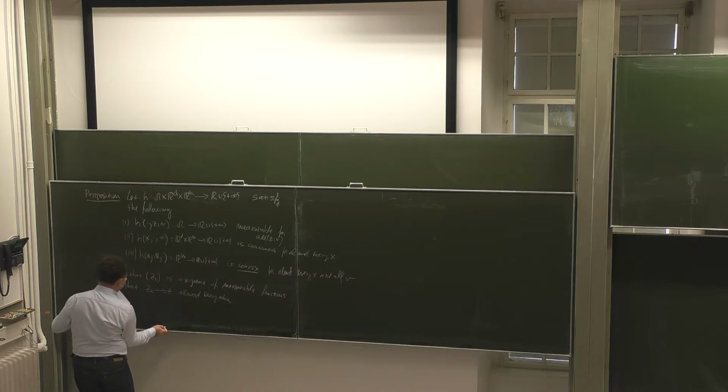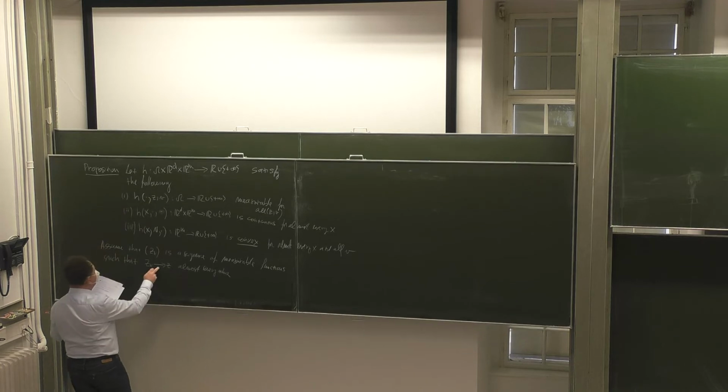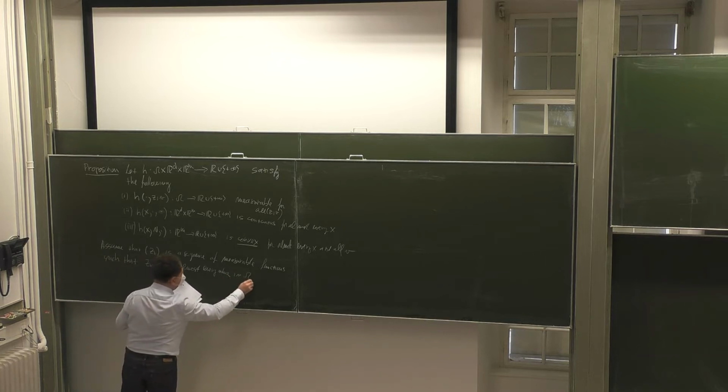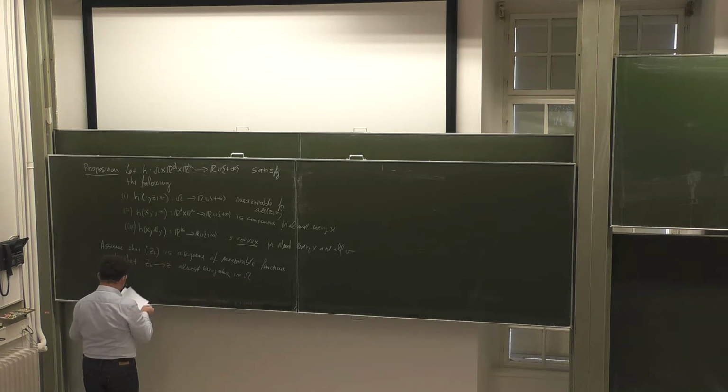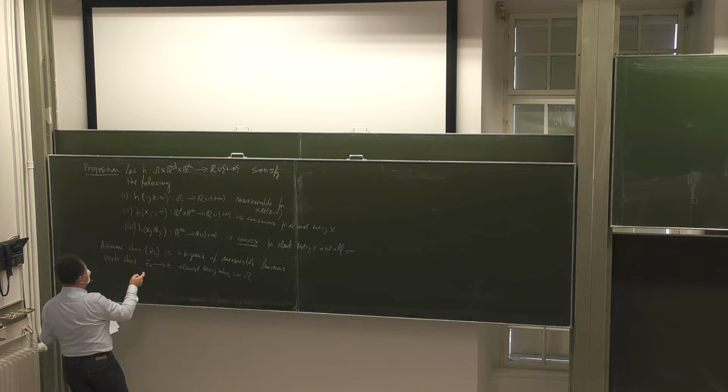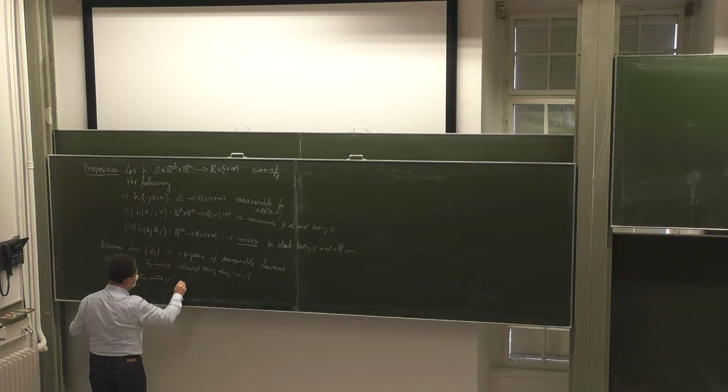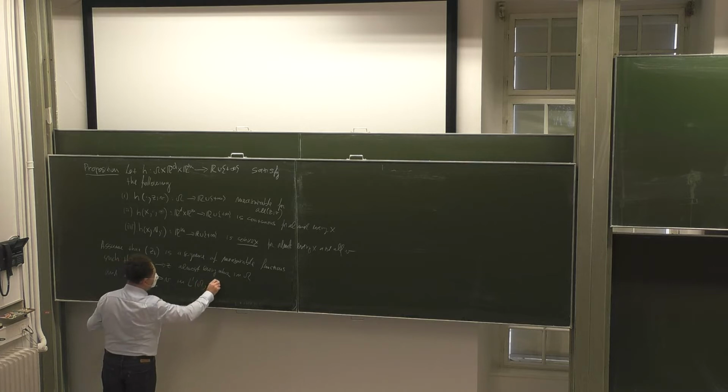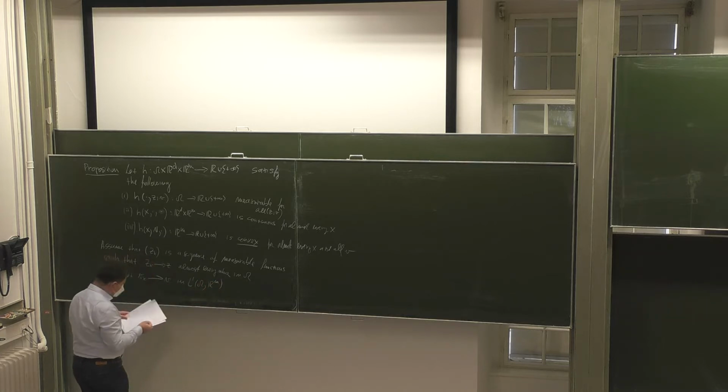So there is some pointwise limit of those in omega. And let v_k go weakly to v in L1 of omega with values in Rm. So it's weak convergence in L1.